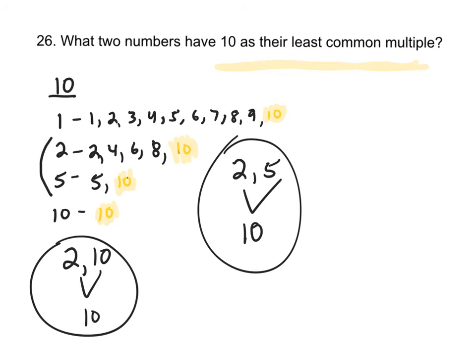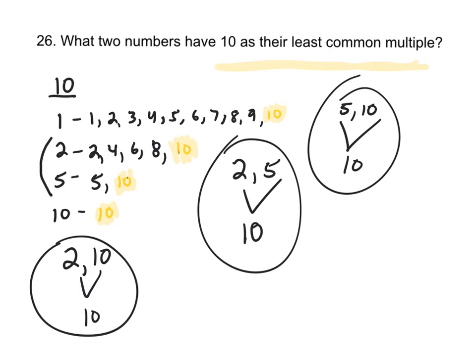So we've got 2, 5, 2, 10. How about 5 and 10? Could we say 5 and 10 have a least common multiple of 10? Well, here's 10. It's a multiple of 5, and here's 10. Yeah, we could say that works as well. So there's different answers you could have for that problem.